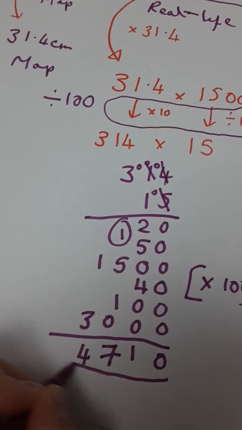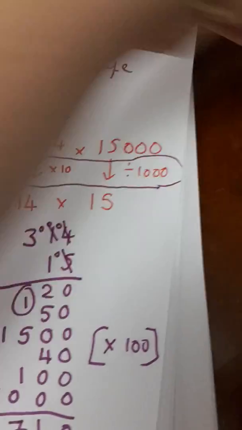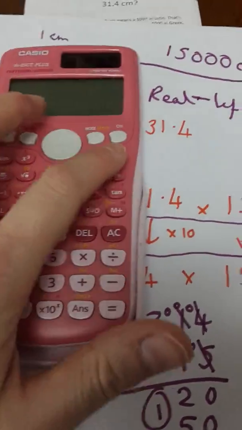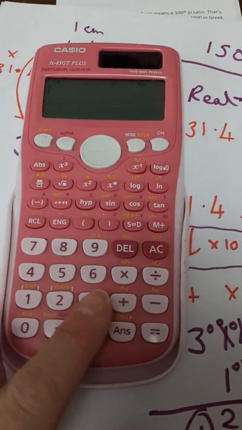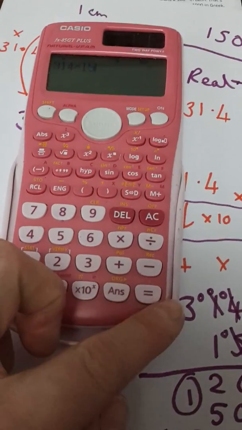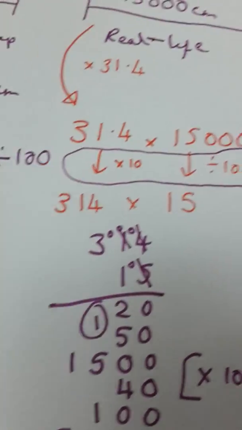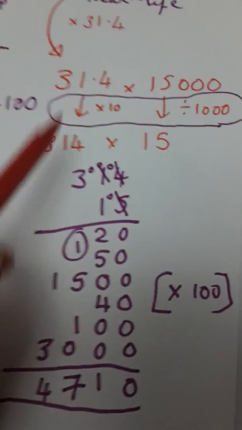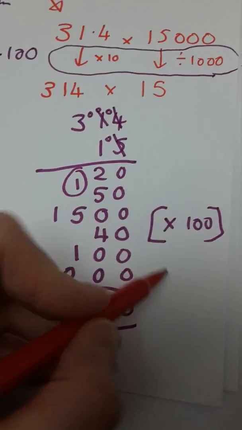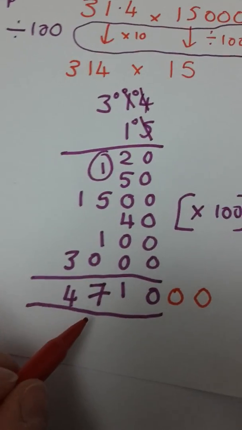So I have 4,710. Now let's double check that on a calculator. 314 times 15 equals 4710. Perfect. But don't forget, because we made our adjustment earlier, we need to multiply this number by 100.